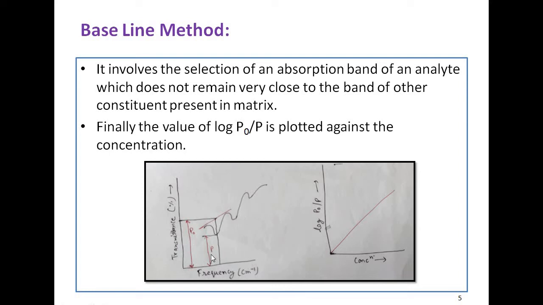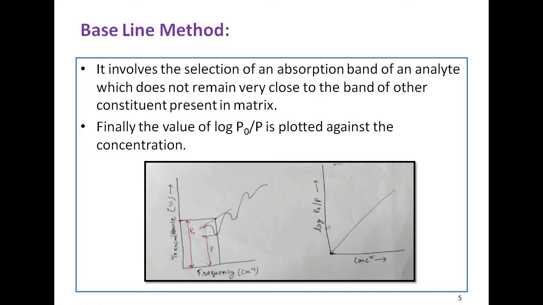In this graph, between frequency and transmittance, we can get the values of P naught and P by drawing a tangent. These are the peaks which are upside down. We can draw a tangent using this peak, and we can get the values of P naught and P.